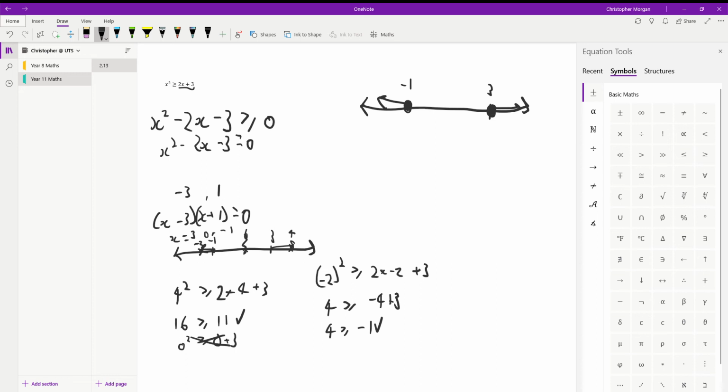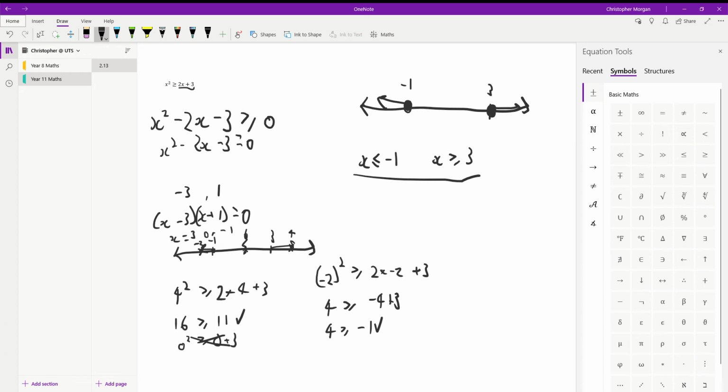We can write this as x is less than or equal to -1 and x is greater than or equal to 3. We do need to write this solution separately as it does not have a continuous area that it covers. It in fact has a break in it. So two separate solutions right there.